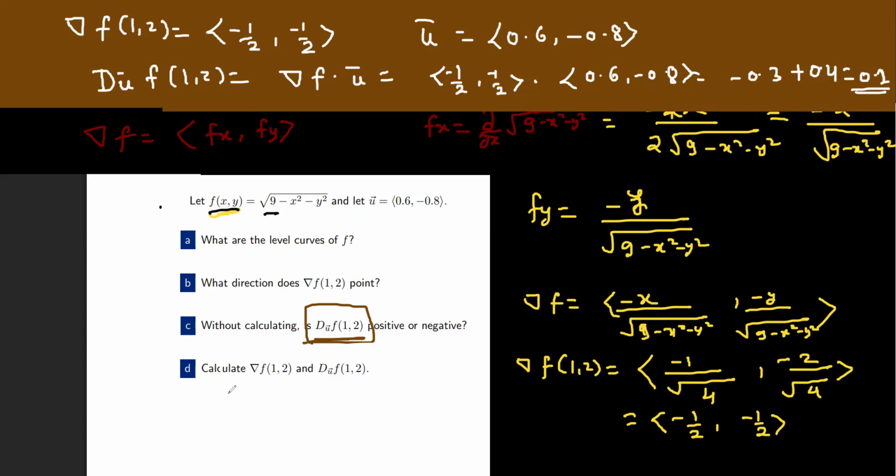Directional derivative means, suppose there is a function f. First find the normal vector of f, which you already found in the previous class. Then what is the distance between the normal vector and this vector, vector u?